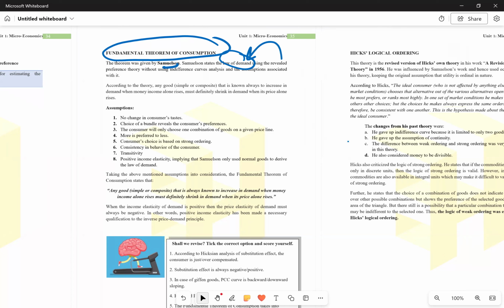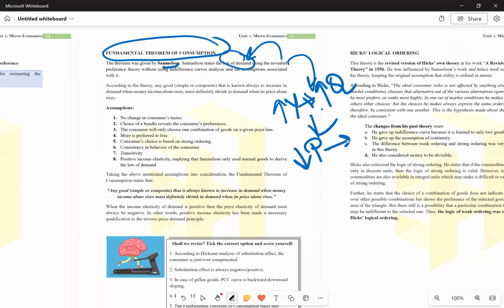And in this case, he said that if a good shows a positive relationship between income and quantity demanded, that is, a rise in income will lead to a rise in quantity demanded, then it will automatically be implied that there is an inverse relationship between price and quantity demanded.